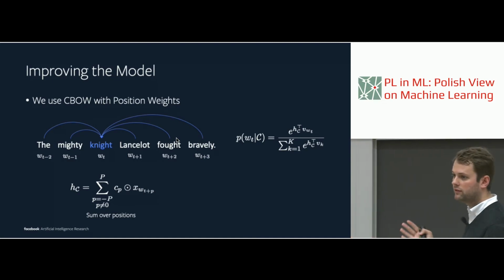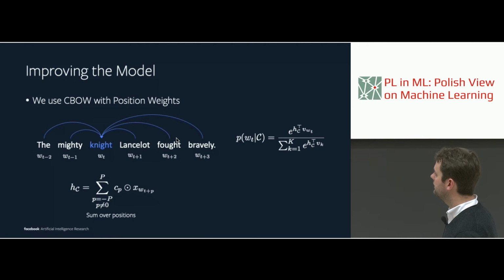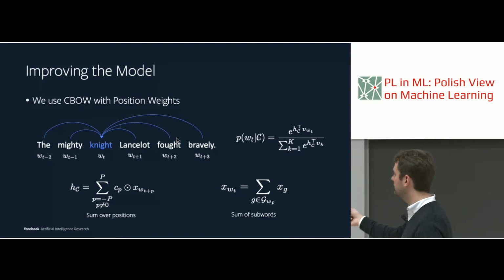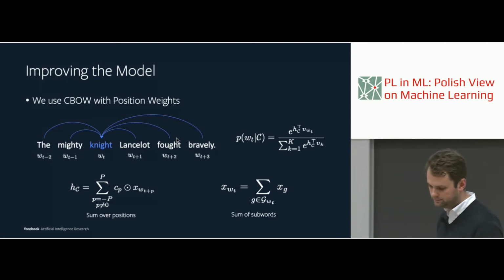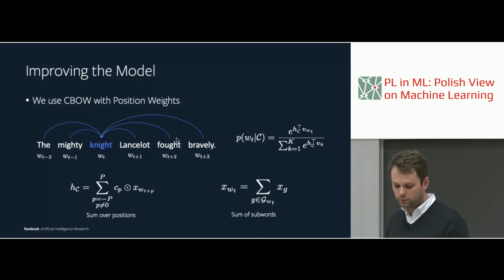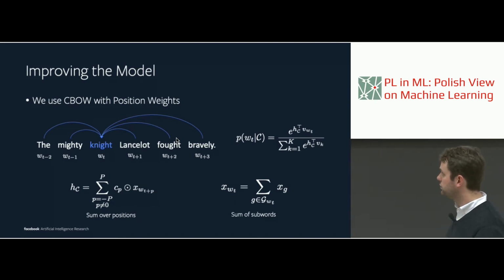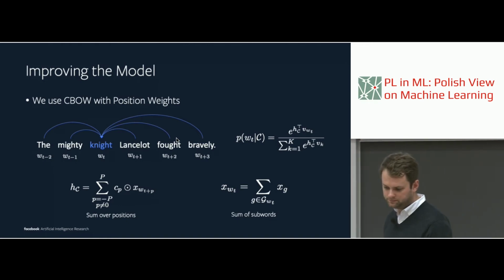So it's a vector that you're going to train. And it's a pointwise product with the embedding of the word. And the embedding of the word is going to be taken as before by taking the sum over character n-grams. So this was a small technical contribution, but it was actually just adapting existing methods to our model.